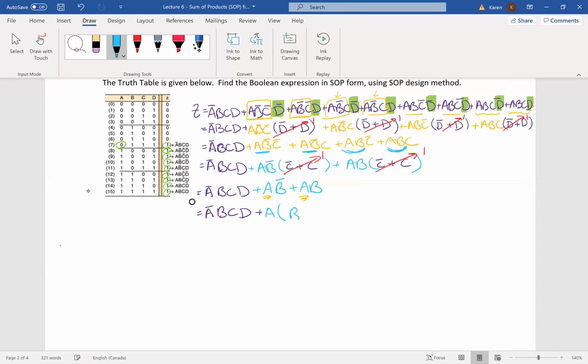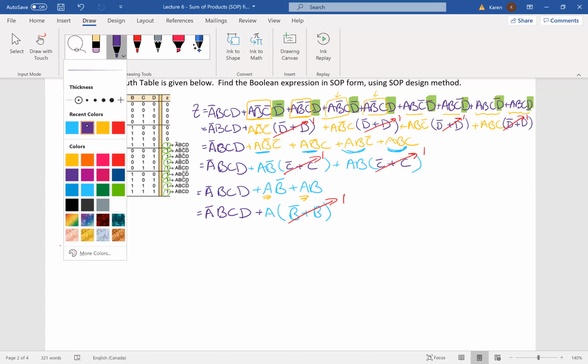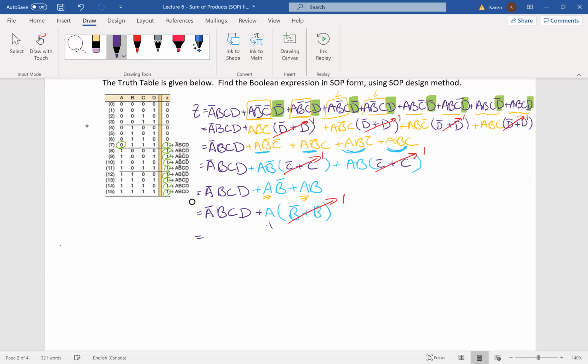Factoring out A leaves us B inverted plus B, which again with the same theorem turns to a 1. And when that turns to a 1, of course, the output is going to be the same as this input A going through the AND gate. And I can't see anything else to do in this problem. So this is the answer.